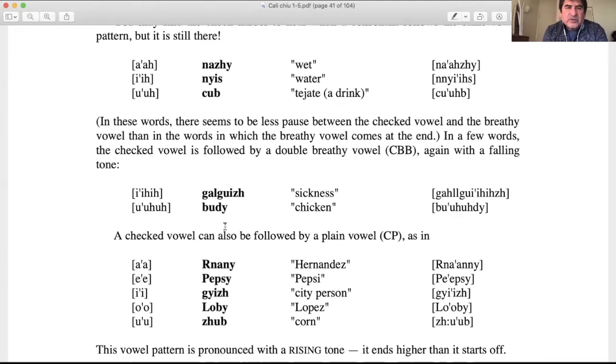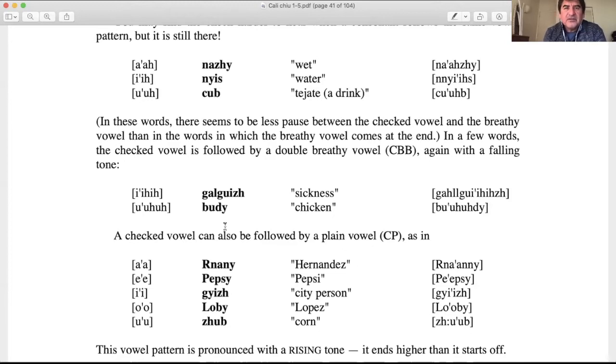And the next one is buh. One more time, buh. It's probably really hard to think about these long breathy vowels, but for a second, just listen to me as I compare water and sickness.